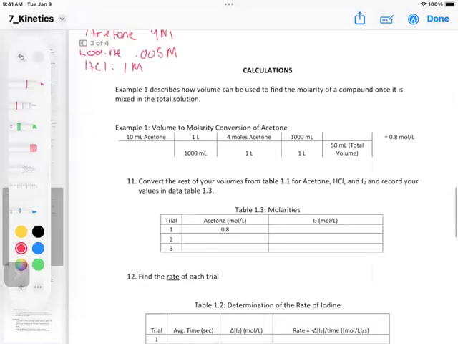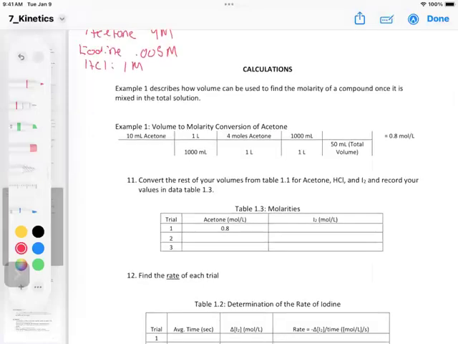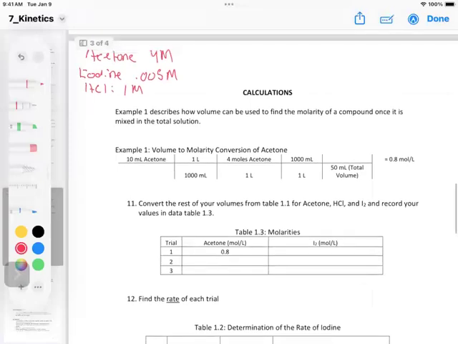Now, my first step in the data analysis is to find the concentrations initially used of each reactant. Our stock solutions had these concentrations: acetone 4 molar, iodine 0.005 molar, and HCl 1 molar.